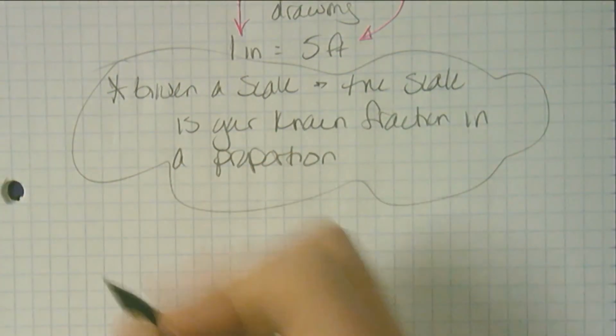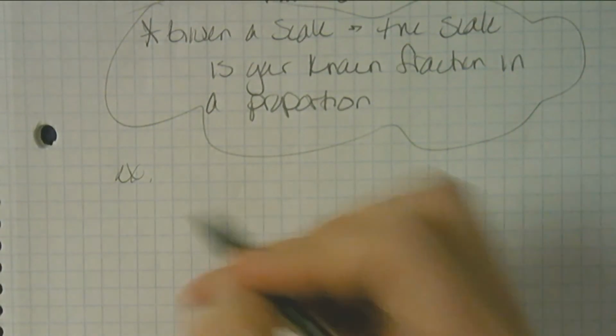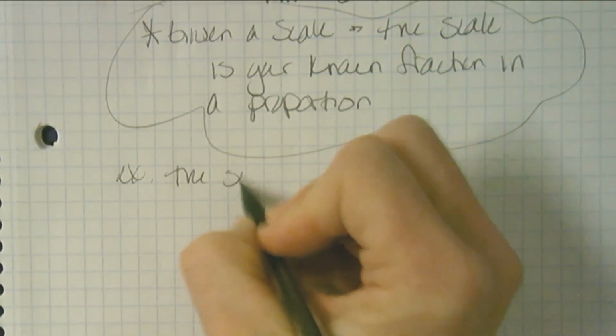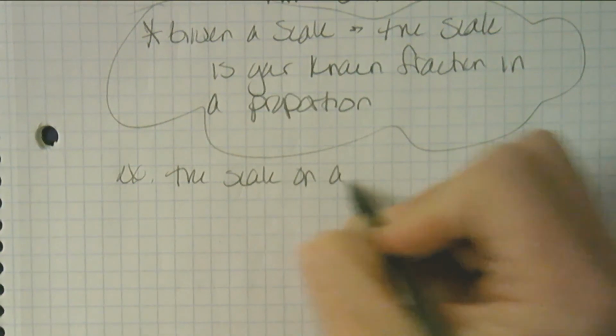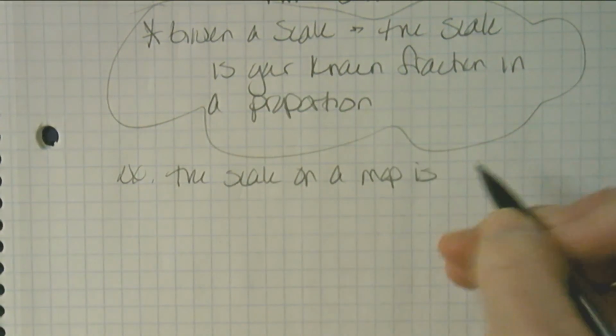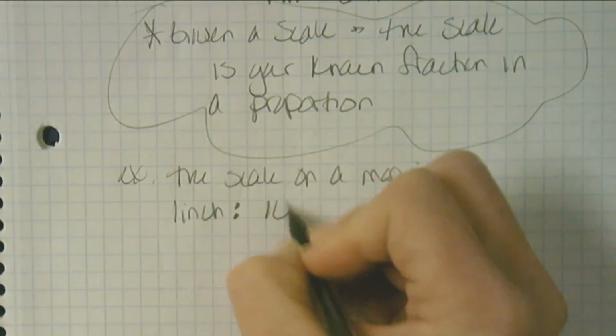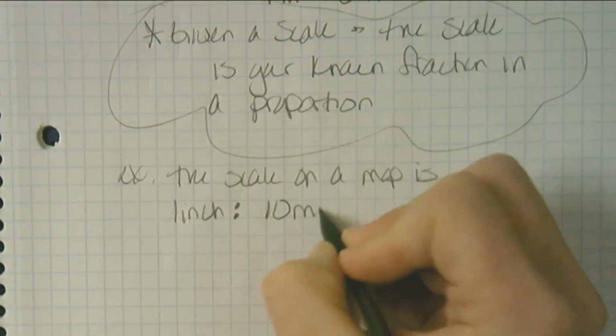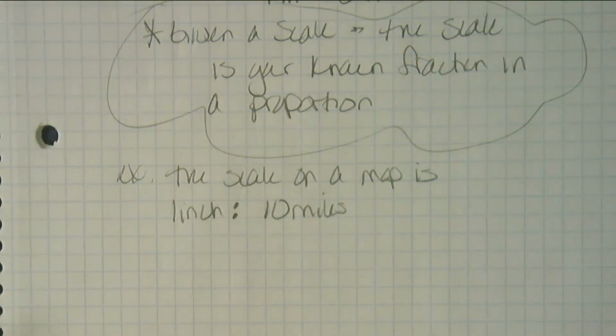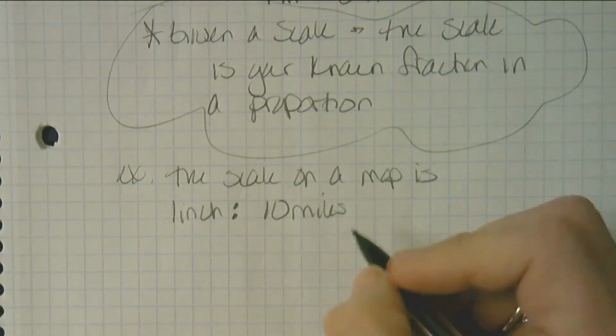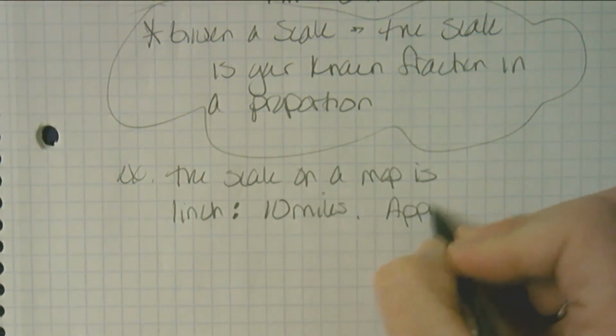So let me give you an example of what I'm talking about. Again, we've done these before. So let's say the scale on a map is 1 inch to 10 miles. So that's the same thing as 1 inch equals 10 miles. Approximately.